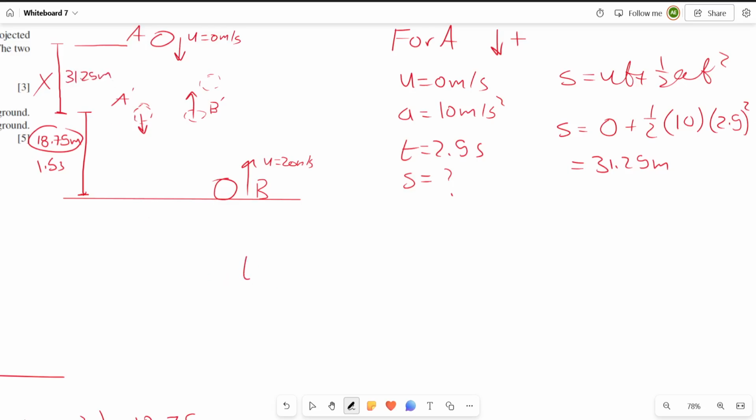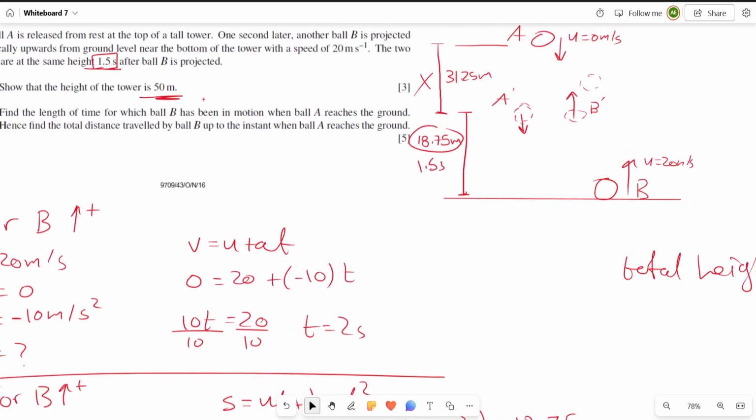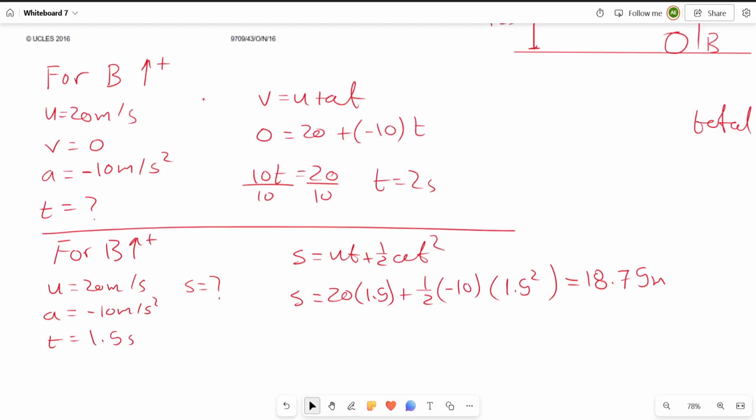If we get the total height, it is going to equal the 31.25 plus the 18.75, and this is going to equal 50 meters, and this is what we were supposed to show in part A. So now part A is done. Let's clean up a little bit.